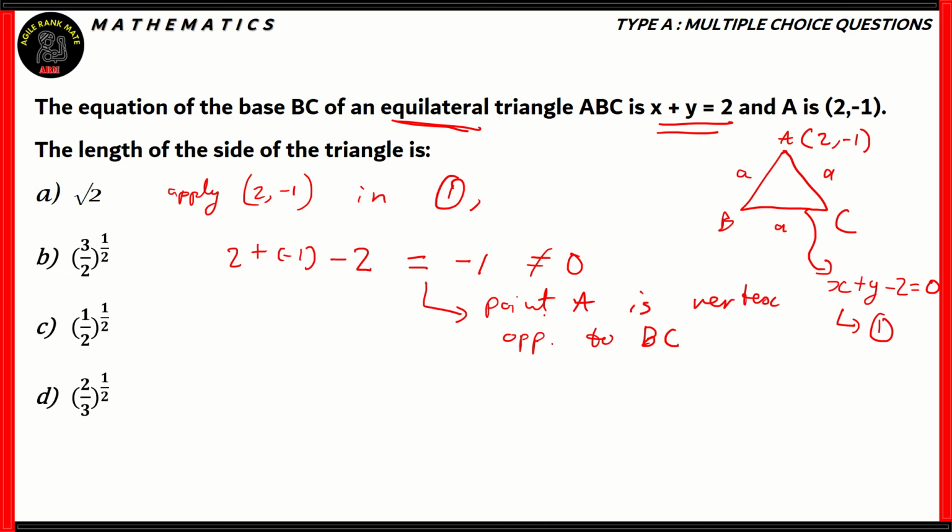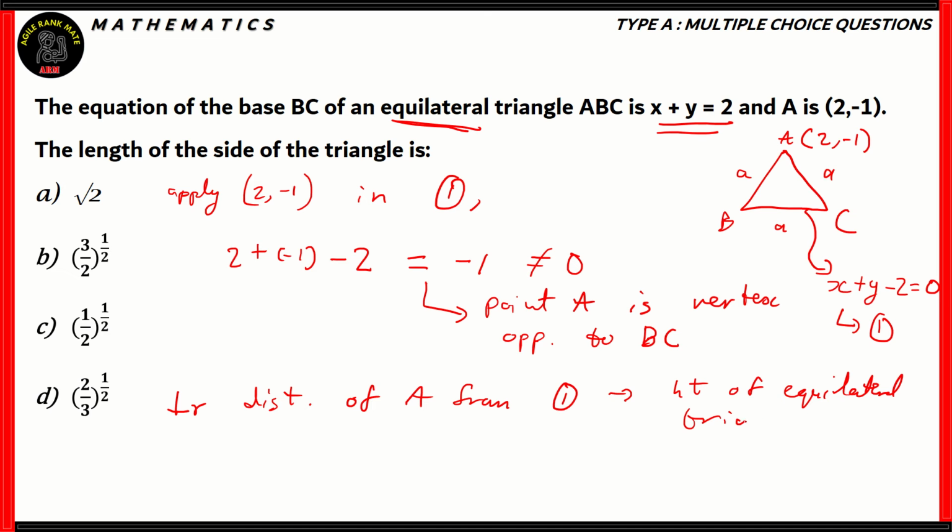Now, what we can do here is find the perpendicular distance of A from line 1. Now, this becomes the height of the equilateral triangle.